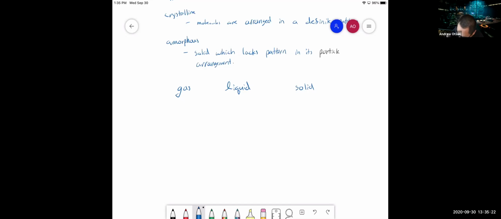So gas, we have the particles freely moving. For example, here's my particles of gas. They're freely moving. All right, so here the gas particles are moving. Liquid, let's draw our beaker here. Our liquid, we have a water level, right?